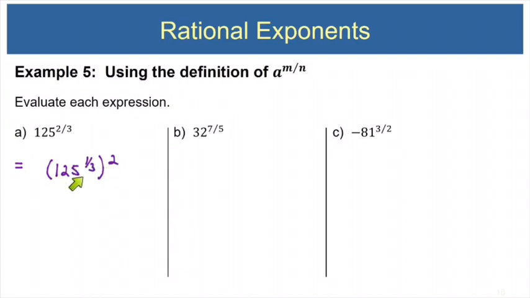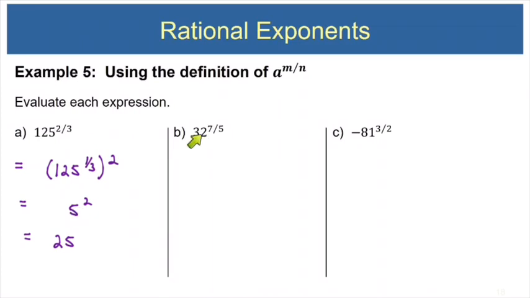So first, let's find a number whose 3rd power is 125. So we're looking for the 3rd root of 125, and of course that number is 5. So this problem then becomes 5 to the 2nd power, which we know is 25. So see how you break it down into two steps? First you do the root, then you do the power.